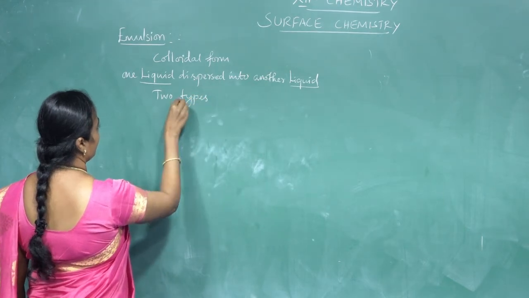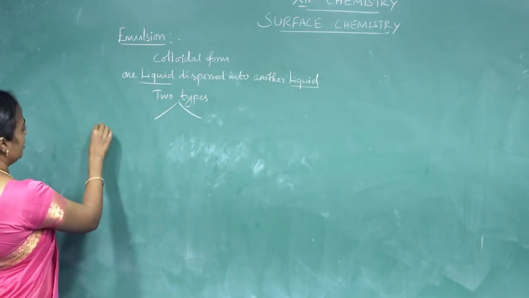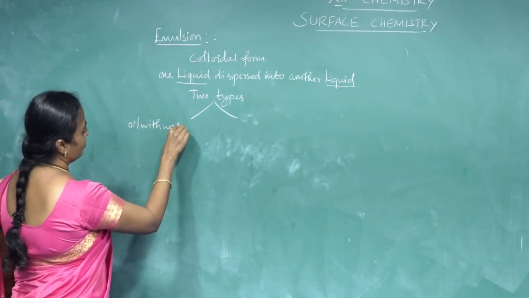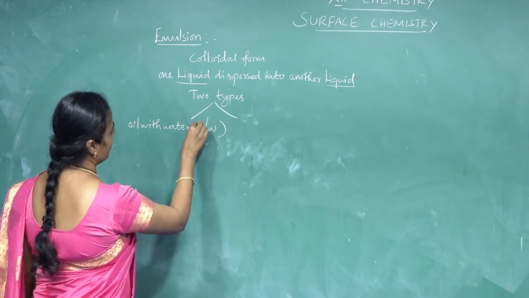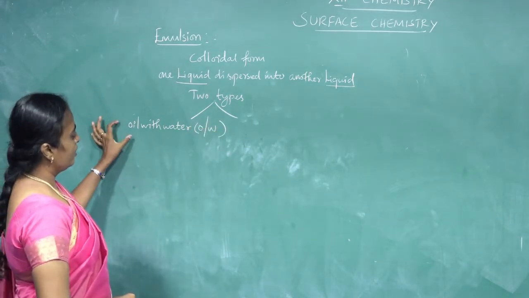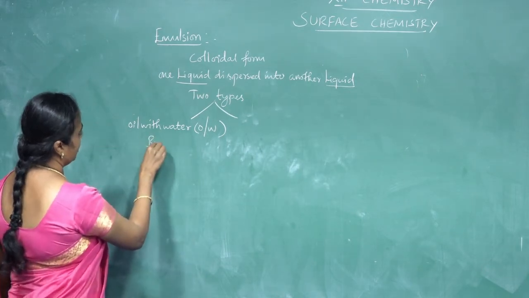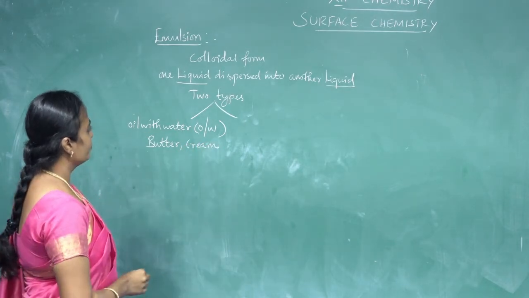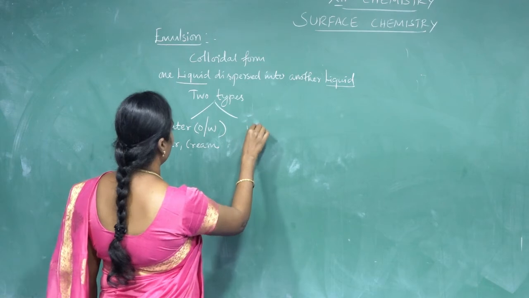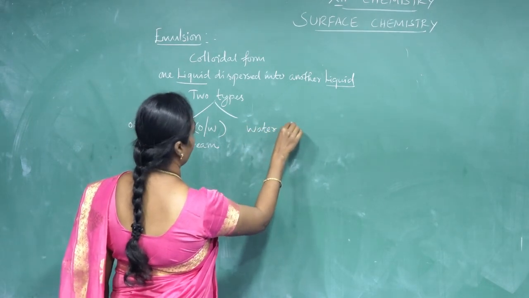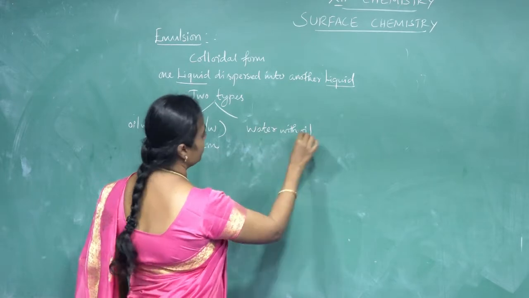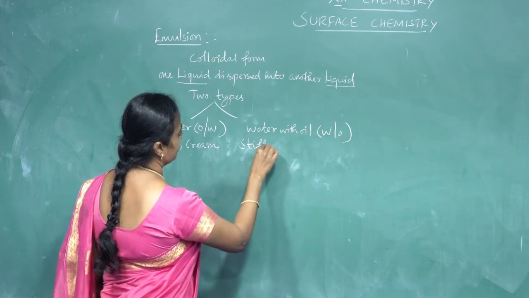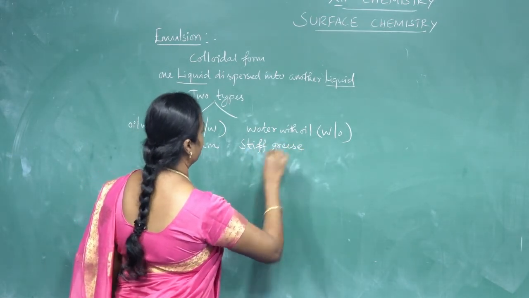Two types. One is oil with water type. Examples of the oil with water type are butter and cream. In the same way, water with oil type, you can take stiff grease as an example.